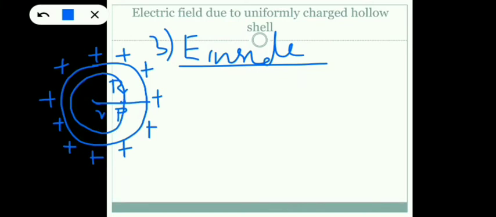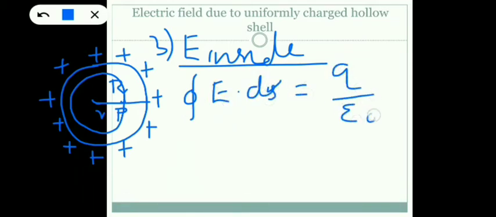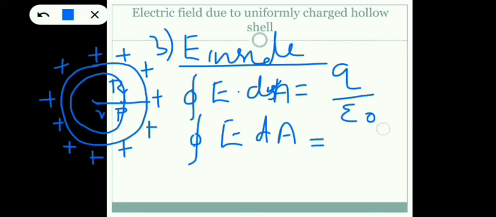Next, we can apply Gauss's law, integral E dot dA is equal to Q by epsilon naught. And when you expand it, you will get E into dA, because electric field and area element vector are acting along the same direction, equal to Q by epsilon naught.